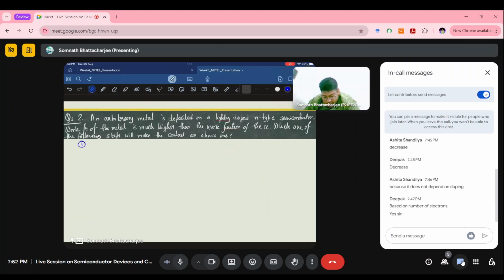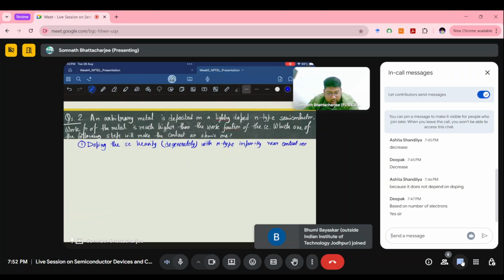The first option is doping the semiconductor heavily, degenerately, with n-type impurity near the contact region.